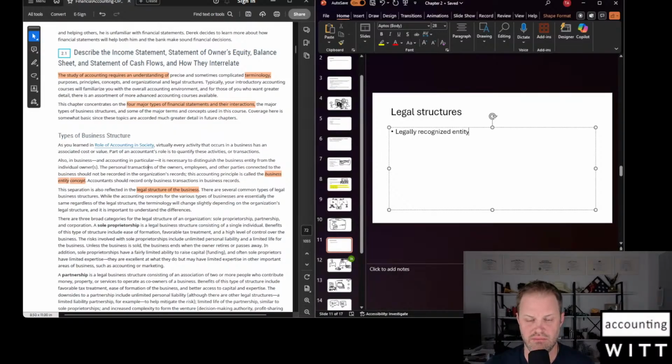What's the name on the insurance policy? What's that legal entity? And then the question is, is that legal entity separate than the owner? Is it separate than you? Because that legal entity can be you, even though it's a business.